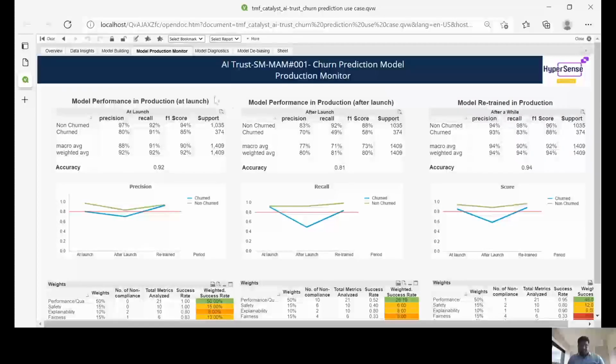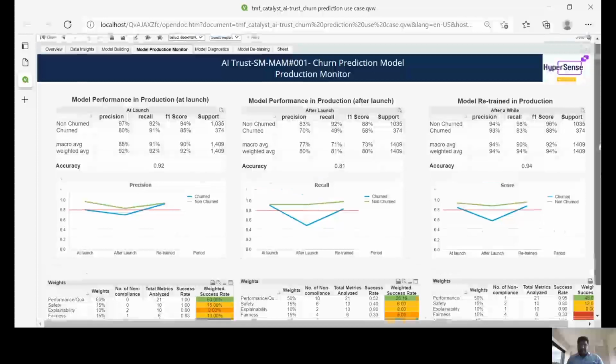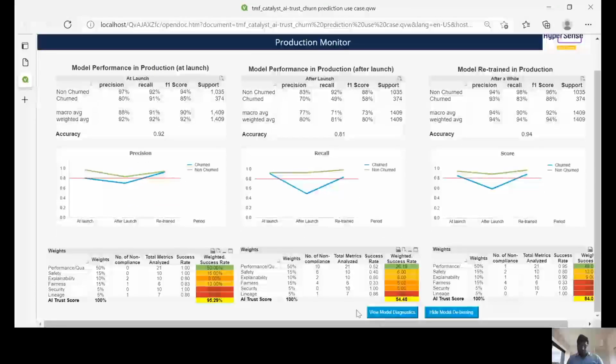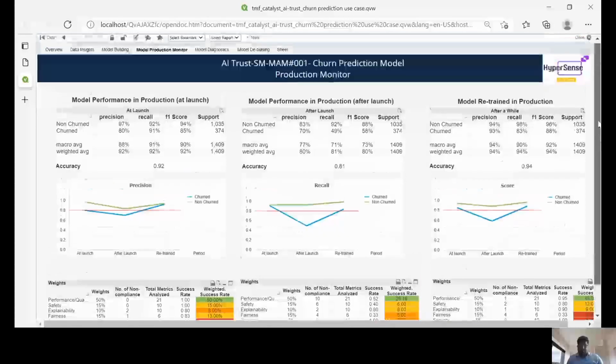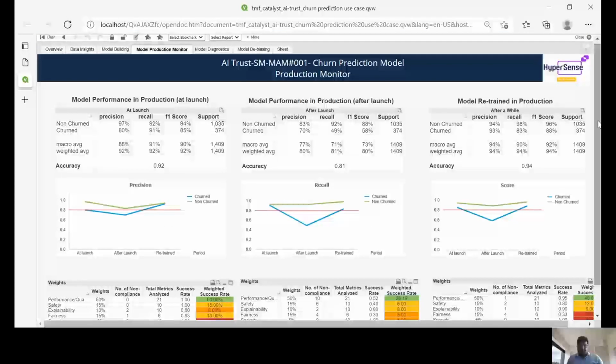What I'm trying to illustrate is, now let's take a scenario after a while, like after the launch, maybe after 2-3 months, the accuracy has been quite consistent and we are regularly monitoring it. But in the third or fourth month, we have seen the accuracy has suddenly dropped. As I said, you may not see the accuracy dropping, but you still need to look into the AI trust score to make sure that the model is not becoming suddenly biased because there is a change in customer usage and behavior, which is very likely, right?